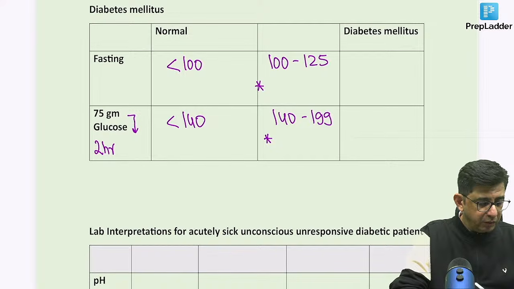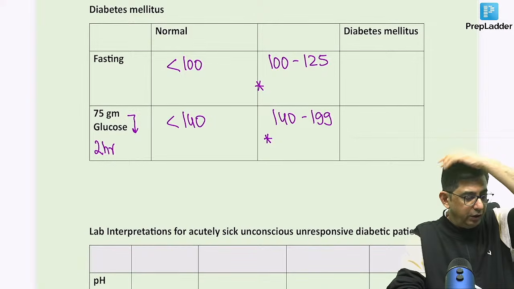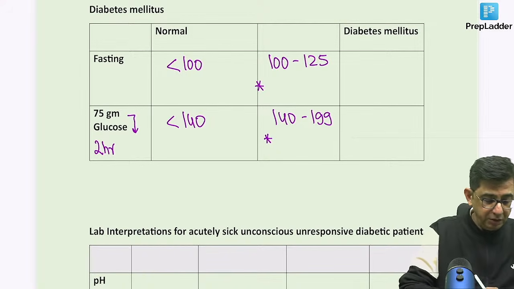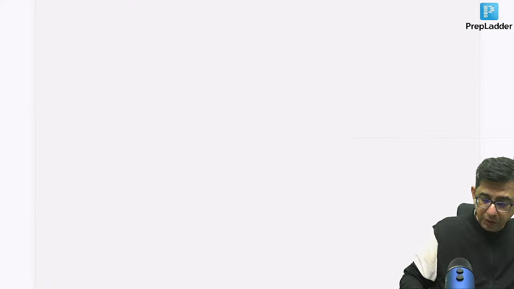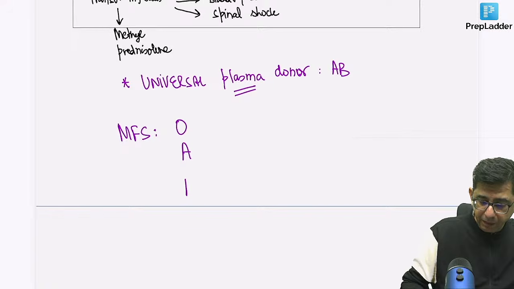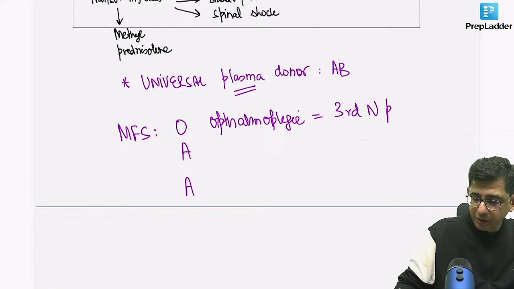Or is Miller-Fisher syndrome the same as GBS? No, in Miller-Fisher there would be a third nerve palsy, not a sixth nerve palsy. Somebody mentioned MFS, so let me mention it here. Somebody mentioned regarding Miller-Fisher syndrome. Miller-Fisher syndrome is OAA, that is ophthalmoplegia, and then areflexia. Though I don't think he will get into this, when it is GBS he will not ask Miller-Fisher.